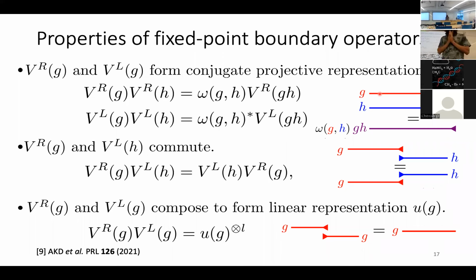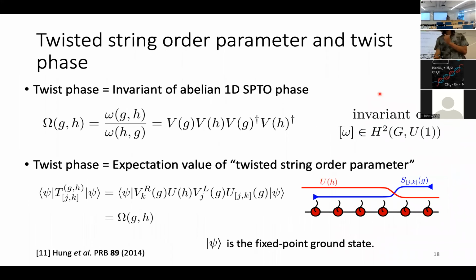Okay, great. Before I get to our result, there's one final thing I would like to say about these boundary operators, in the sense that a particular invariant of an abelian 1D SPT phase can be probed by measuring an alternative string order parameter that we call the twisted string order parameter. First, what is this invariant?